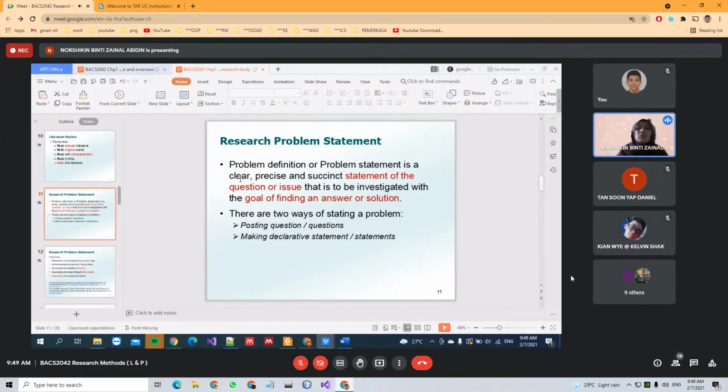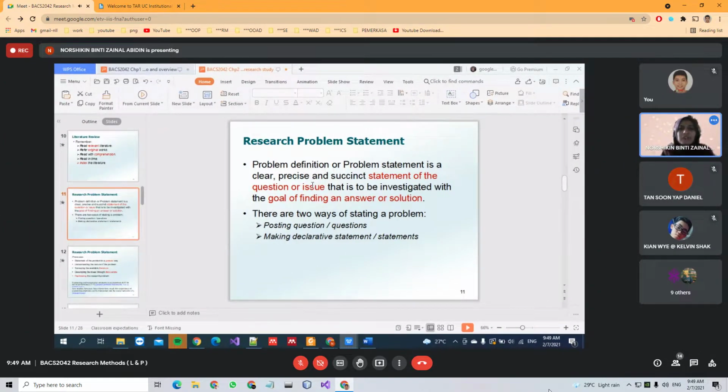So from that problem, you need to write a precise, exact problem. For instance, the problem with the bakery is they don't have an online system that can attract more customers to them. That's the issue that you want to solve, by developing or designing a system for that bakery. So you need to be precise and clear on the problem statement.